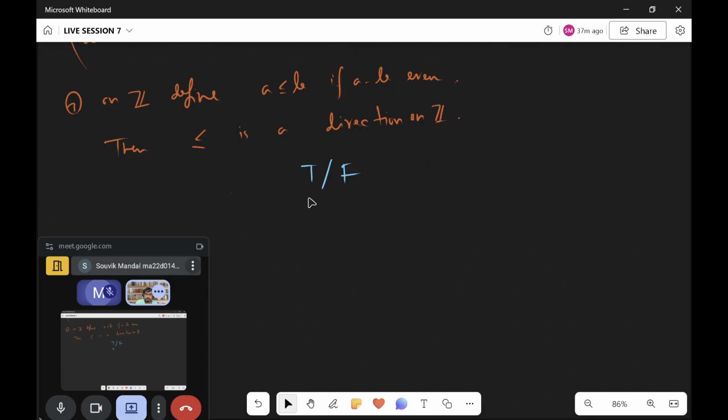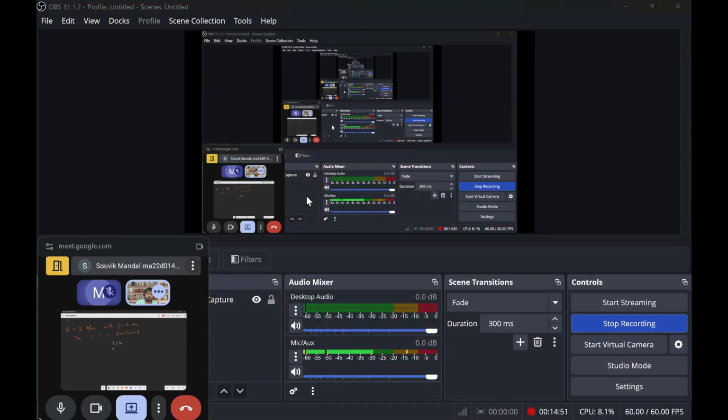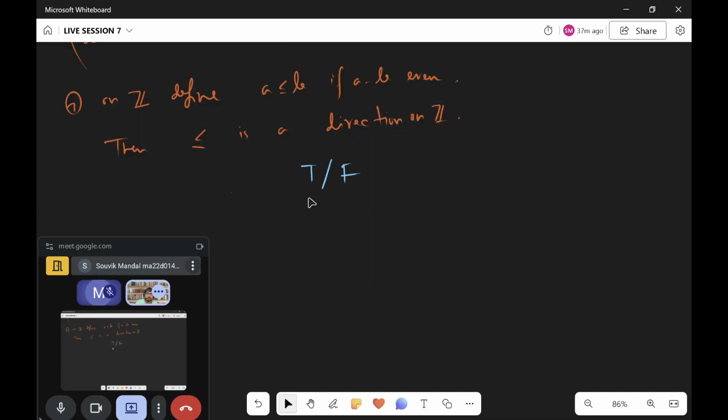You know, direction means if a is less than or equal to b and b is less than or equal to c, then a is less than or equal to c. This is what we mean by direction. Now show that this gives a direction. Is it true or false?